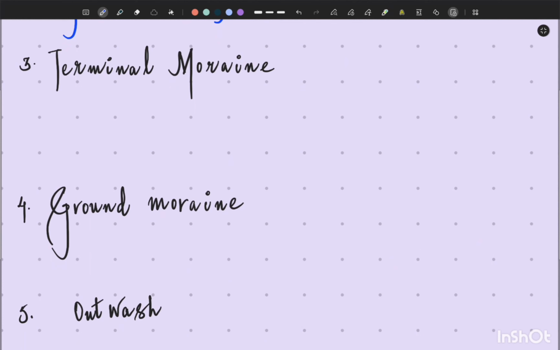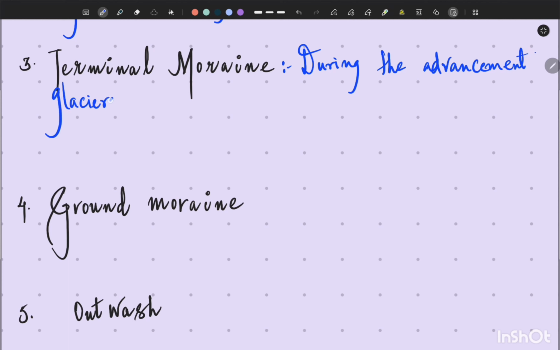Next one is terminal moraine. We have to define what terminal moraine is. During the advancement, glaciers transport soils. We know that, because in addition to wind, water and gravity, glaciers are also very important agencies of transportation in case of transported soils.